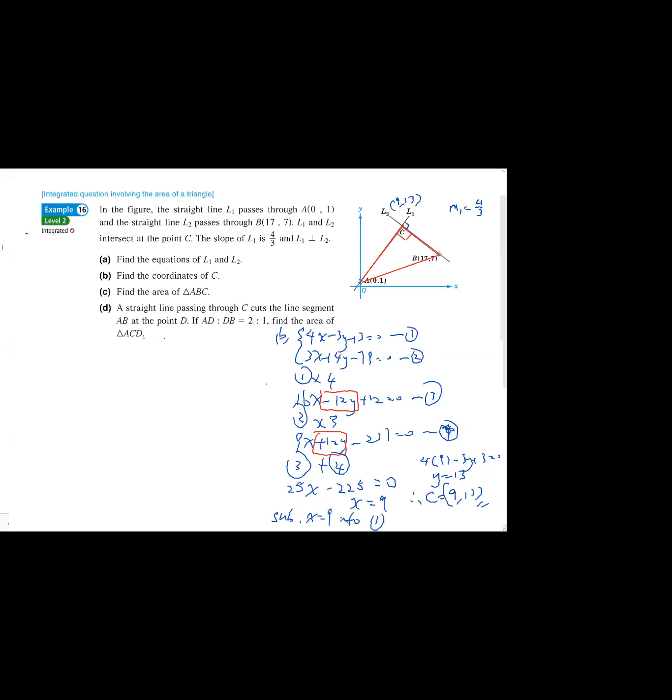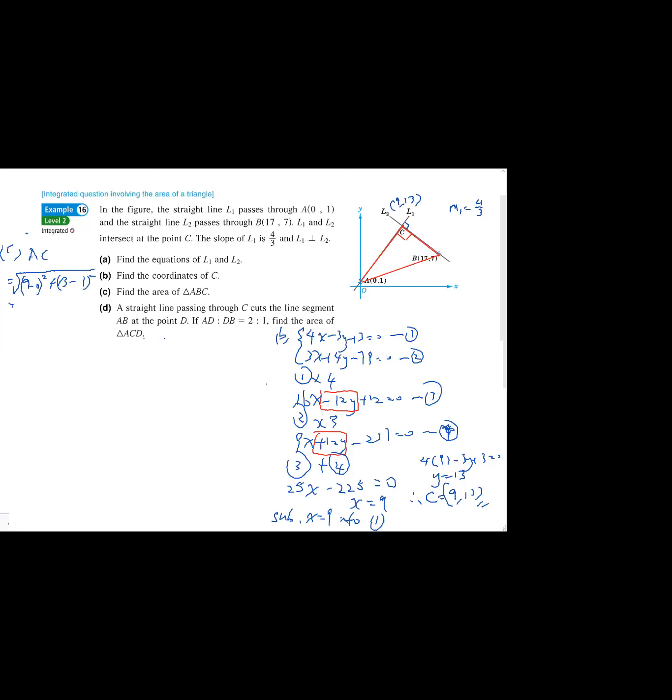Okay, so we can calculate the length of AC and the length of BC by using the distance formula. Okay, distance formula. So we do it like this. The distance between point A and point C will be using this. Okay, it should be 9 minus 0 square plus 13 minus 1 square.